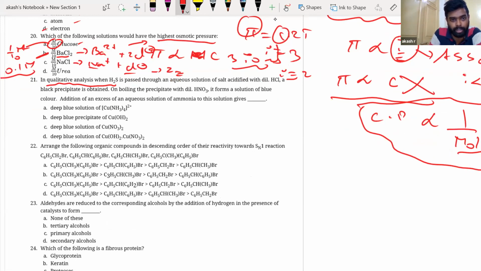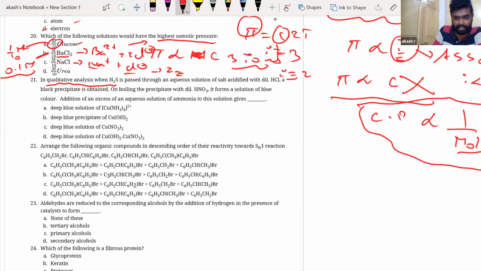Addition of excess of ammonia solution gives dash. I think this is the formation of a complex.